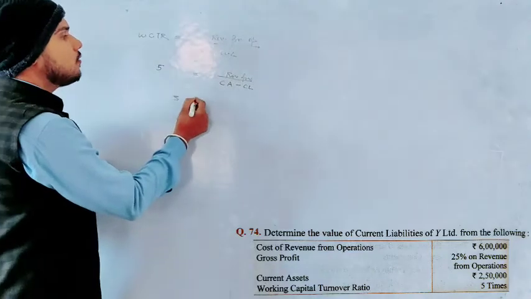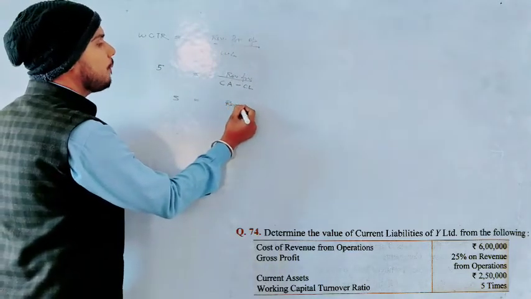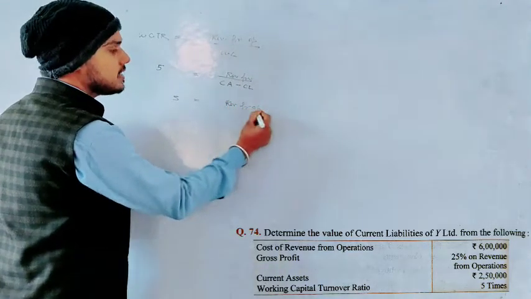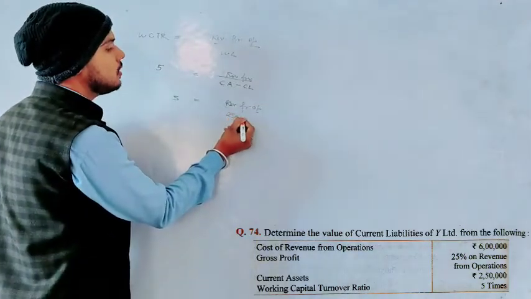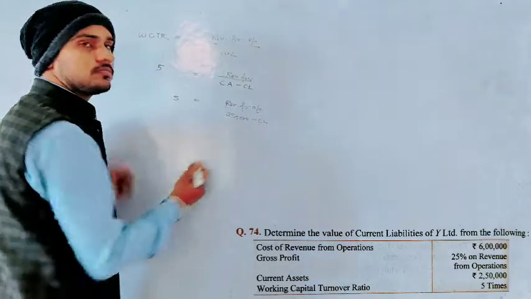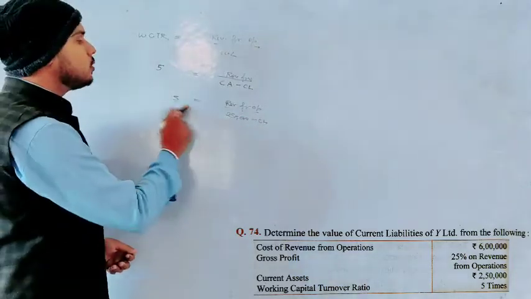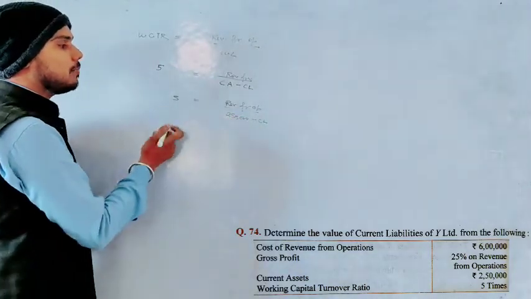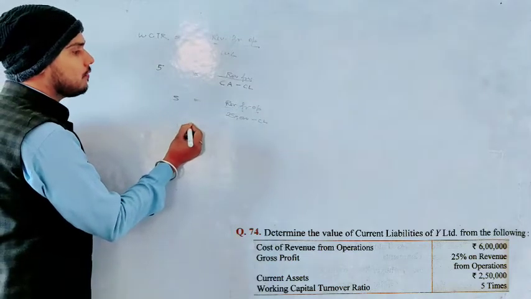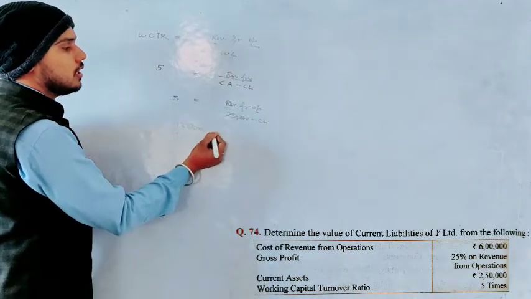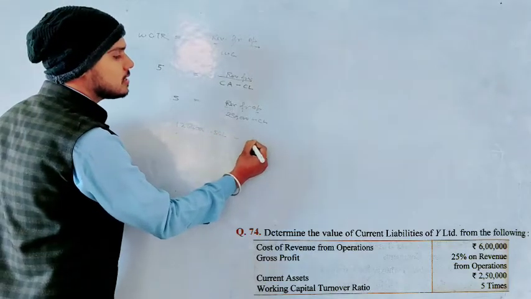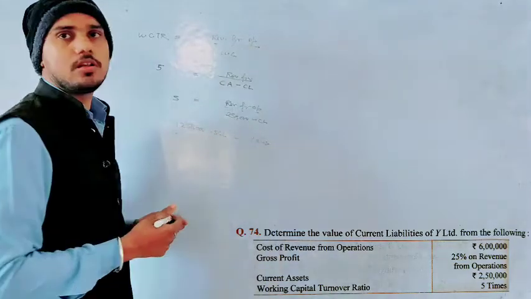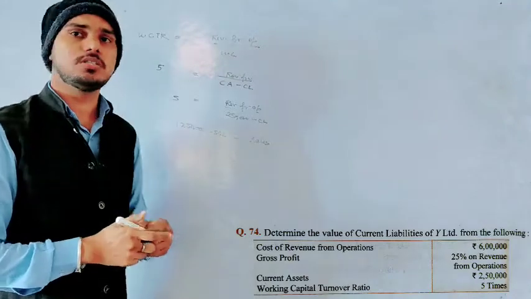So 5 equals revenue from operation upon current asset, already given as 250,000, minus current liability. Doing the cross transfer, 250,000 multiplied by 5 will be 12,50,000 minus 5 current liability equals sales, that is revenue from operation. We write the same thing, revenue from operation, not changed.